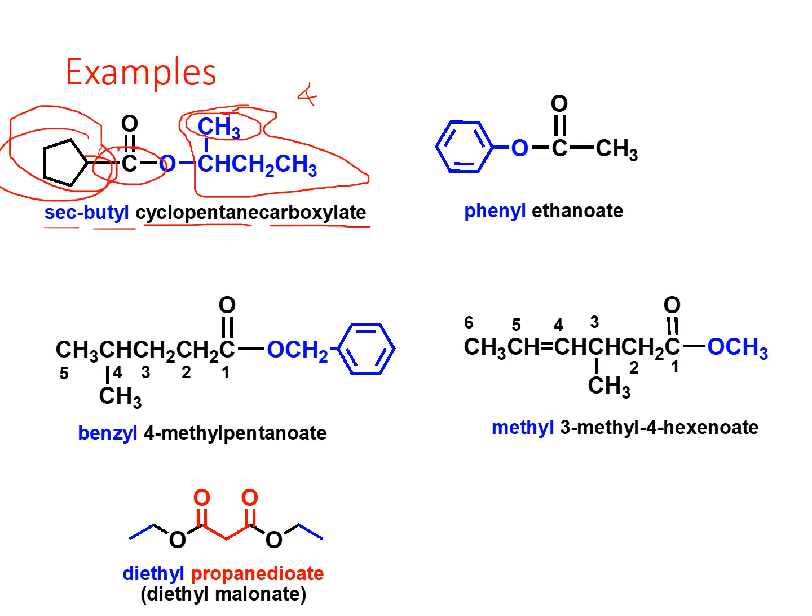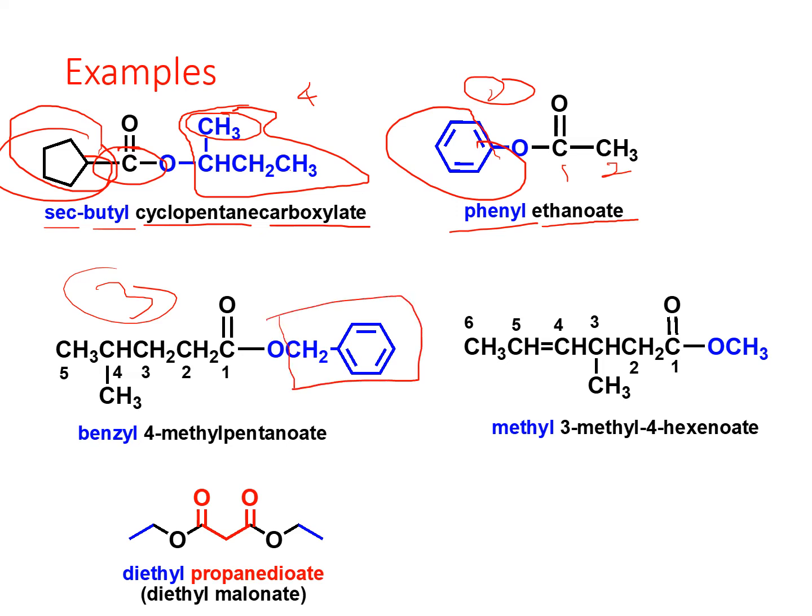Example number 2, same thing: find the alcohol side. You have phenyl, and then we have 2 carbons, ethanoate. So phenyl ethanoate. Example number 3, same thing: we have benzene attached with CH2, so it will be benzyl. Phenyl is without CH2, but benzyl is with CH2.